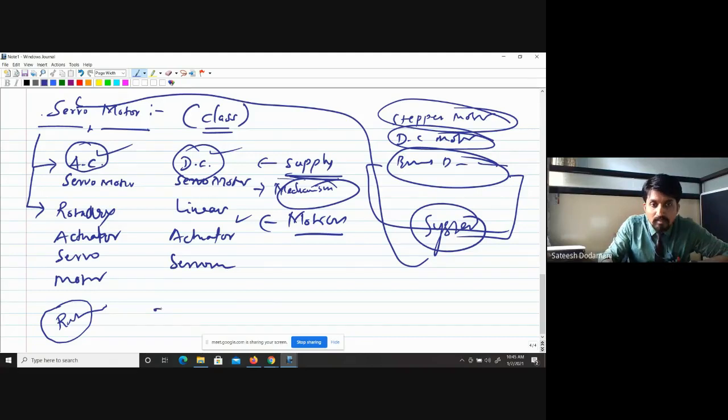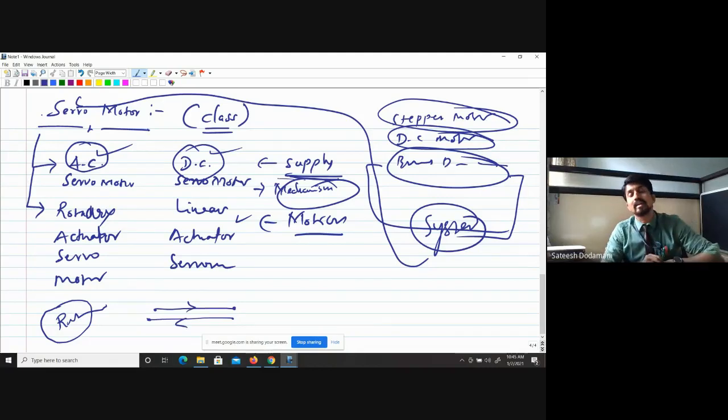If this motor moves straight and again comes back, then it is called linear. So if it is moving linearly, it is called linear actuator servo motor. If it is rotating in the regular normal rotation, it is called rotary actuator servo motor.